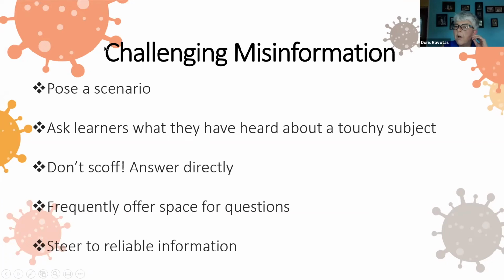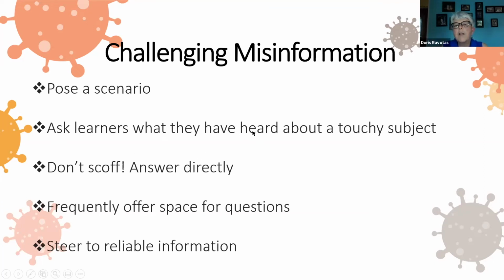So one is to pose a scenario. Sometimes people are not going to talk about things that they're really worried about because they're afraid that it's not going to be accepted. So posing a scenario, and I'll show you one of these, which gives people an idea of what are the concerns that others might have, will also help with that.